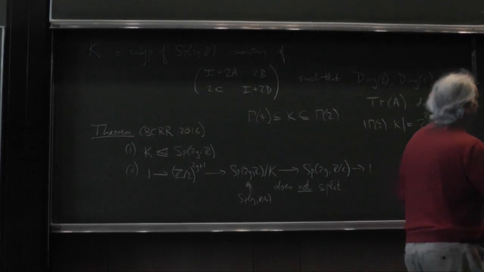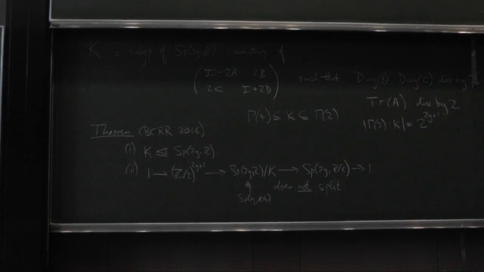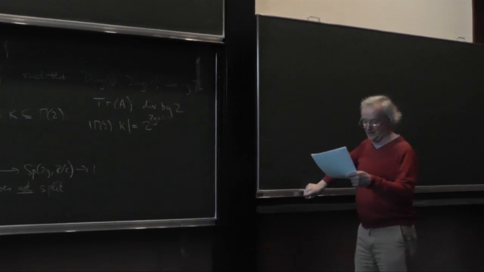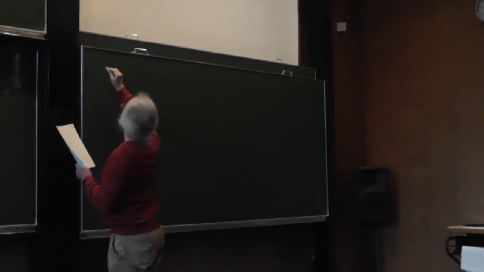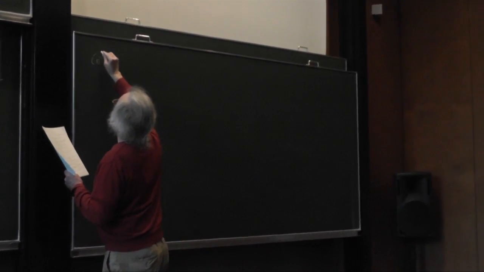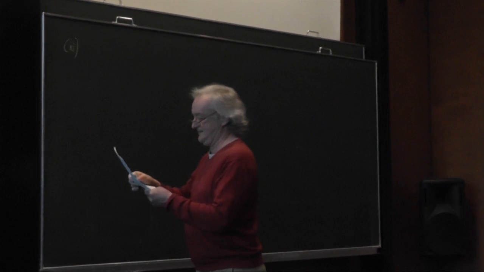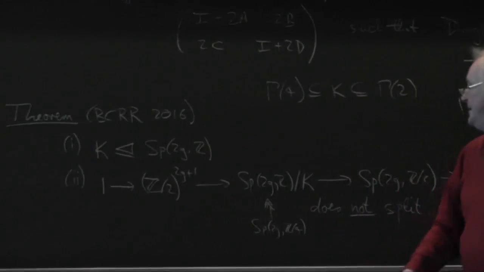I'm trying to find out what the theorem is. Yeah, so those are the first two parts of the theorem. This has the theorem of many parts. Yeah, many parts. So the third part says what the action of this on that is.